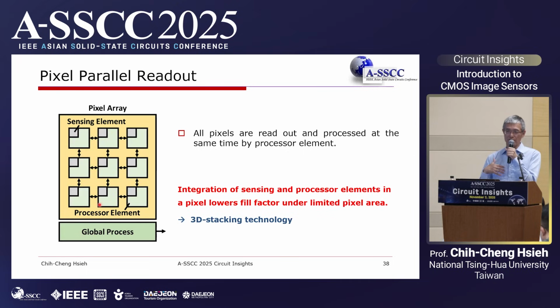For example, you need some intelligent imaging. You need to implement the pre-processing task under the sensor array directly, taking advantage of the 3D stacking technology. This will be the new trend for the future sensor development.